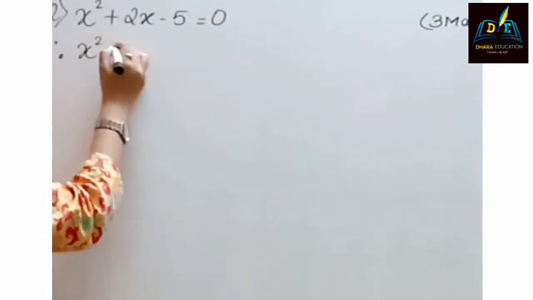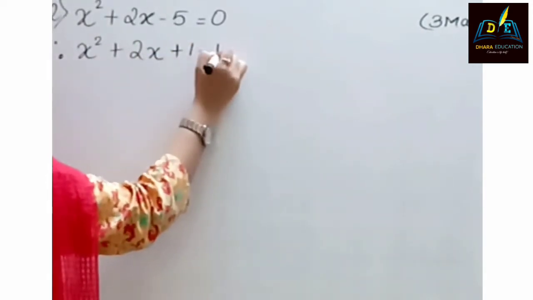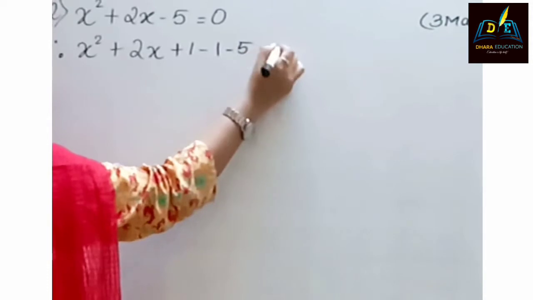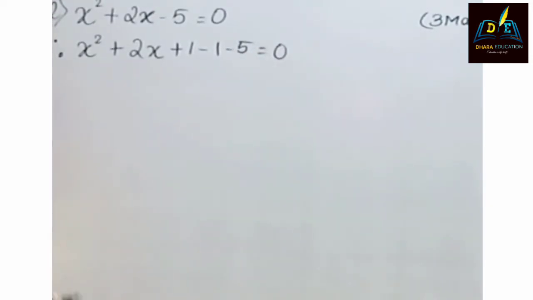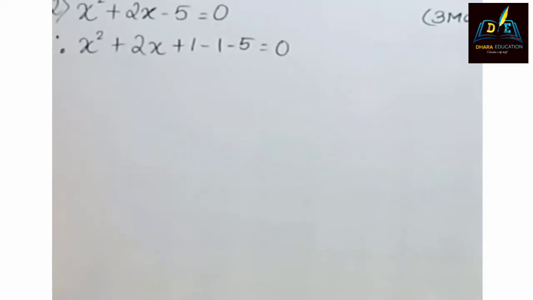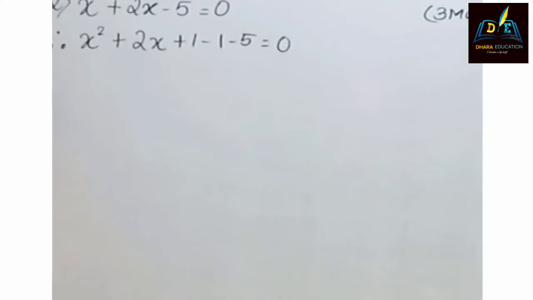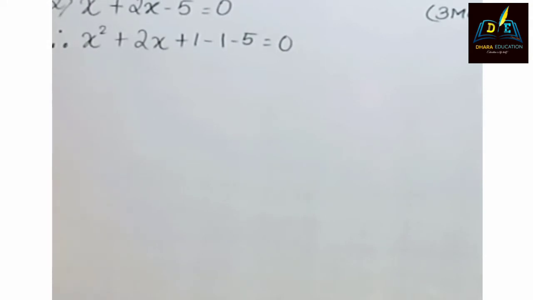So x square plus 2x plus 1 minus 5 is equal to 0. As I have already discussed this step in my previous video, you need to follow that. If you haven't watched it, please watch that first and then watch this, because only then will you come to know. That is the basic part for the completing square method.